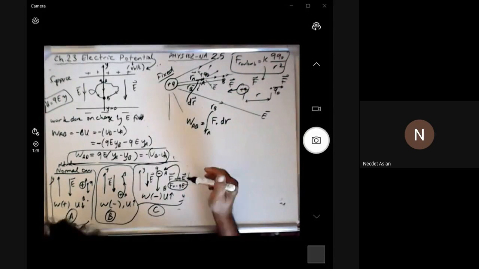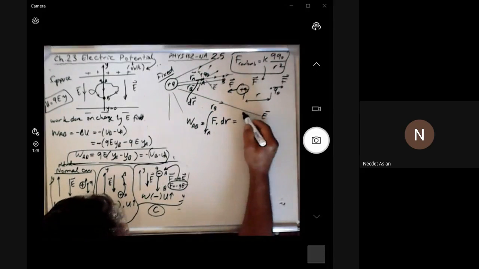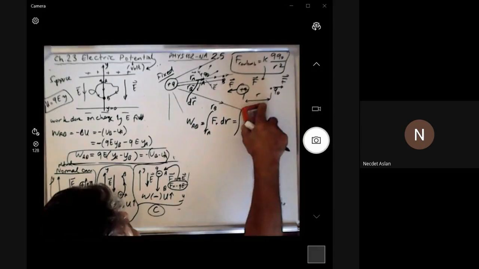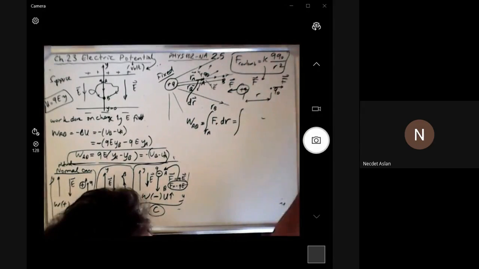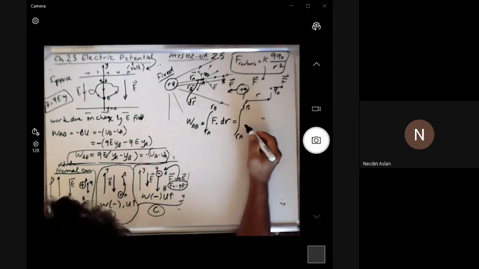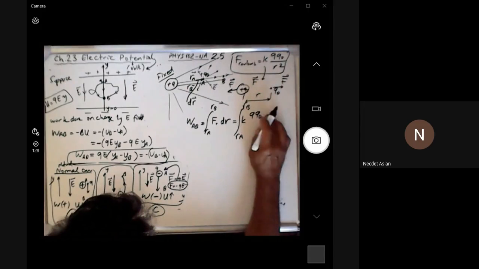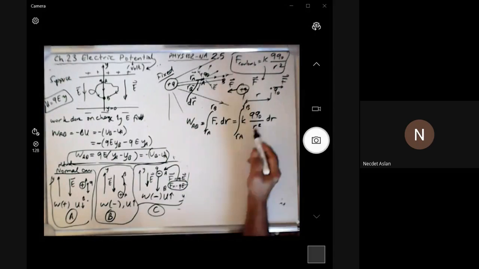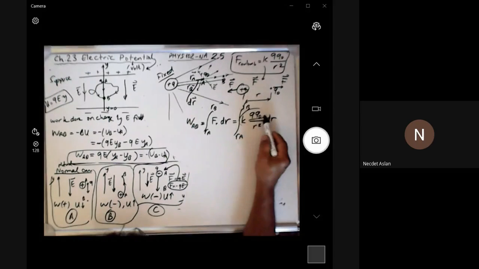So then this is equal to, let's put the limits from Ra to Rb, the force, which is K Q Q0 divided by R squared, times dr. We have to integrate this function. This is not a difficult integration because all these things are constants.